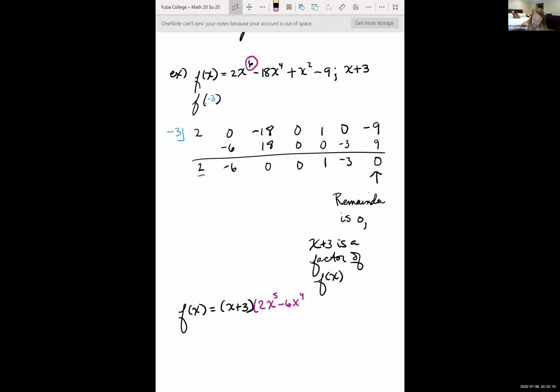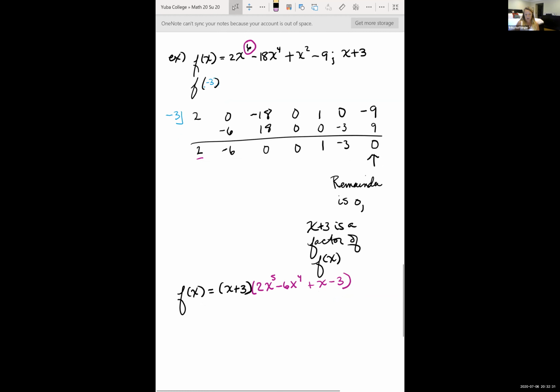I don't have an x squared. I have 1x, so plus x. My constant is minus 3. So hopefully by break time, you'll be able to go through with the tools that I'm going to give you and factor this down to linear and or quadratics.